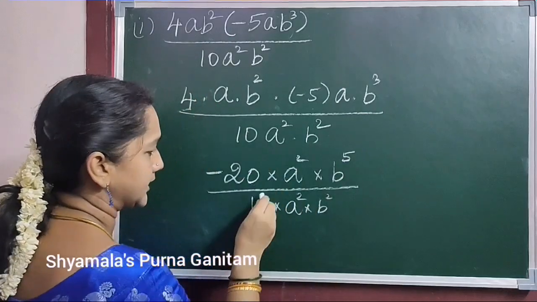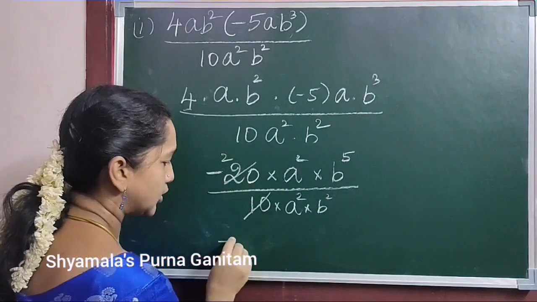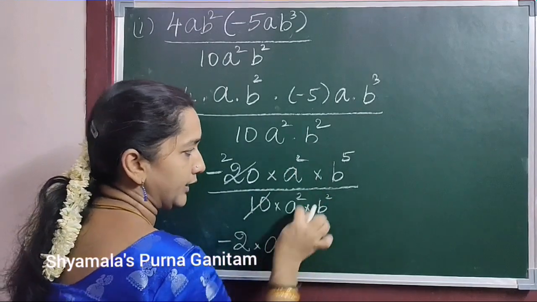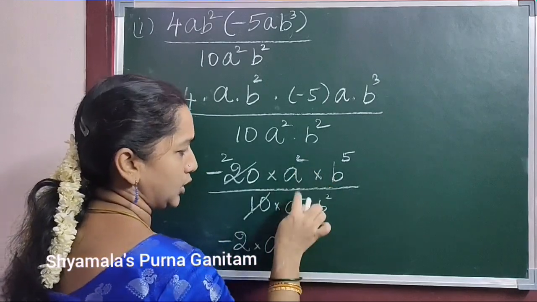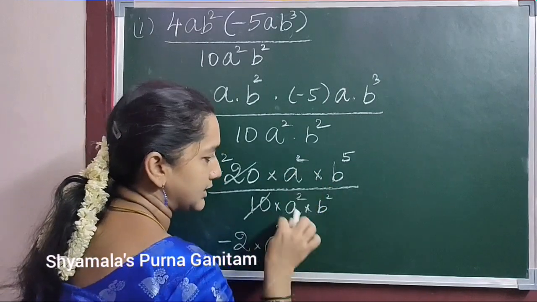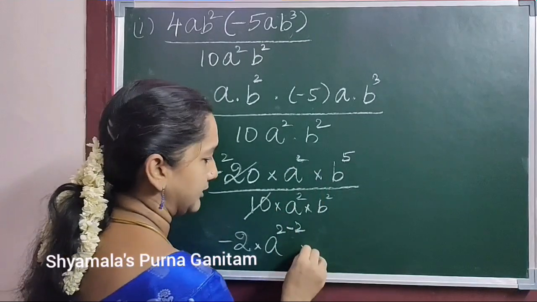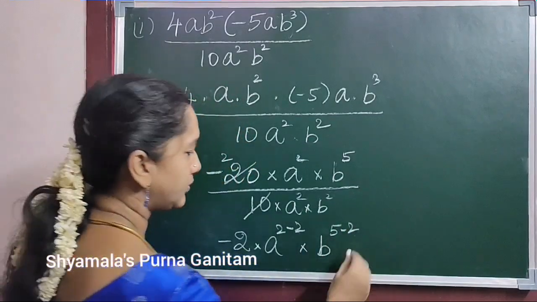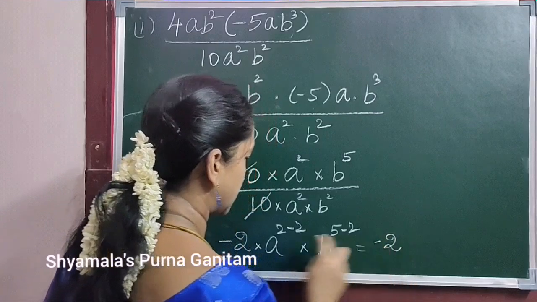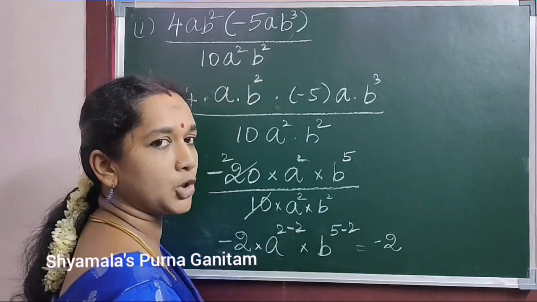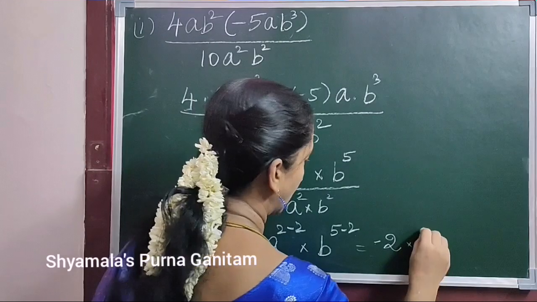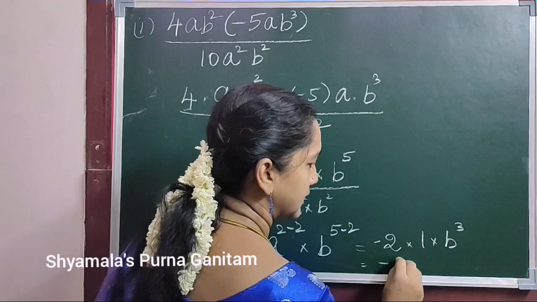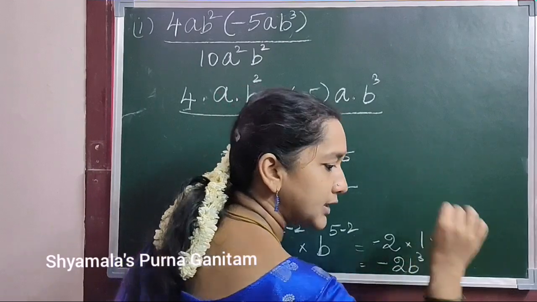Instead of cancelling, the number can be cancelled, so you get minus 2 into a squared and a squared, which are like terms, so the powers can be subtracted. Since this is in division, the powers can be subtracted. Same way b also: b power 5 minus 2. So you get the answer as minus 2 a power 0. Anything power 0 value is 1. So minus 2 into 1 into b power 5 minus 2, which is 3. So the answer is minus 2 b cube.